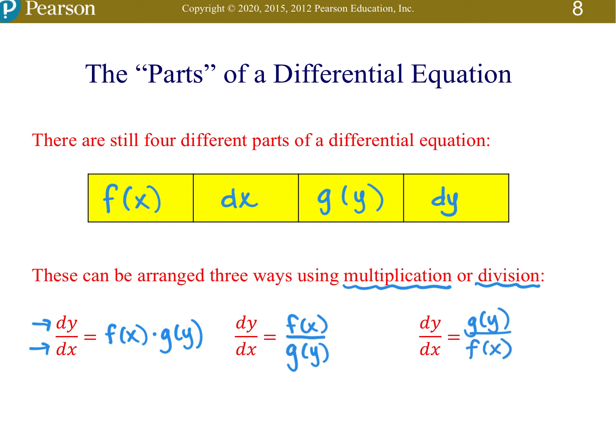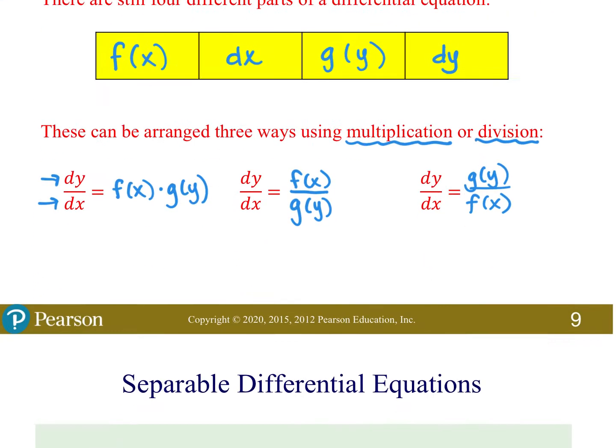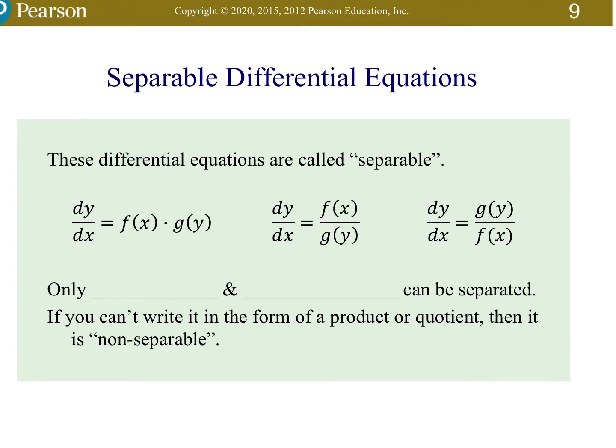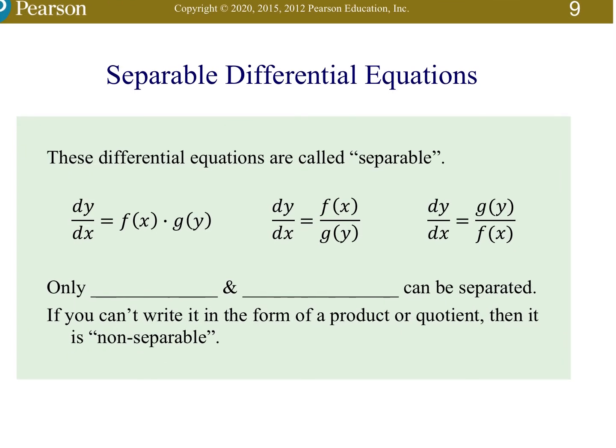That's also a possibility, but it has to be multiplication or division, okay? These arrangements are called separable differential equations, okay? 4 parts, so part 1, 2, 3, and 4, arranged in these 3 different scenarios.